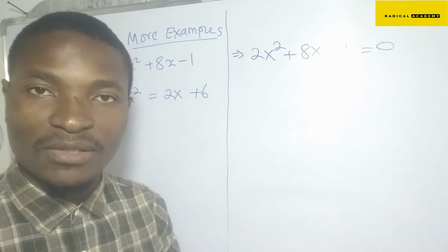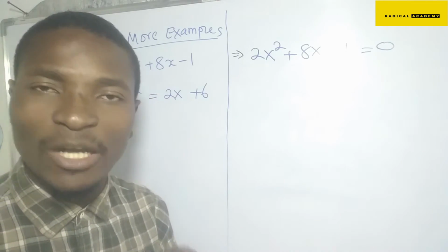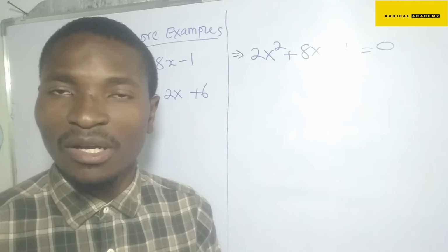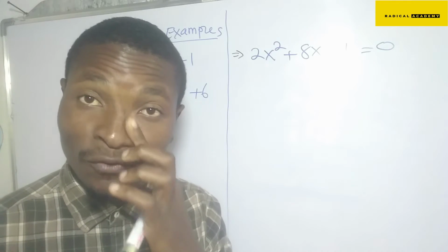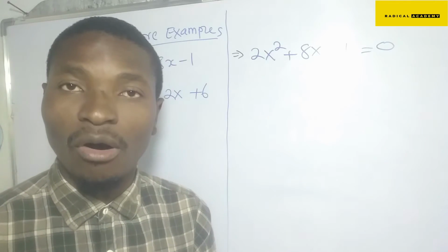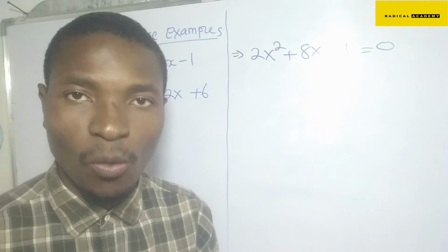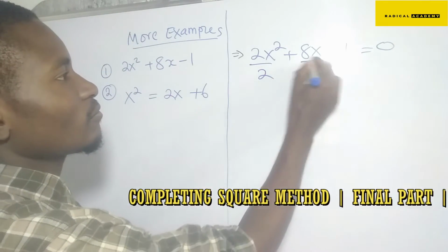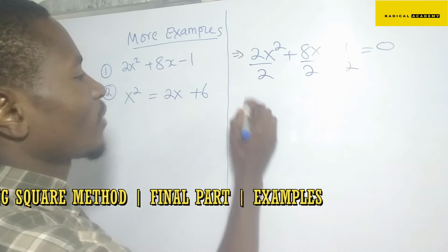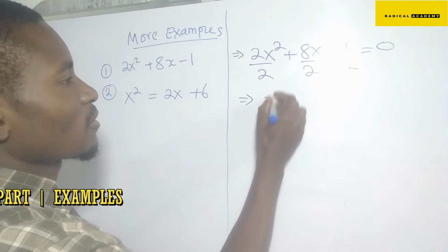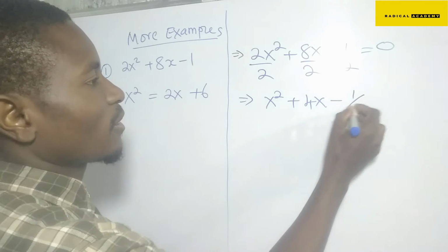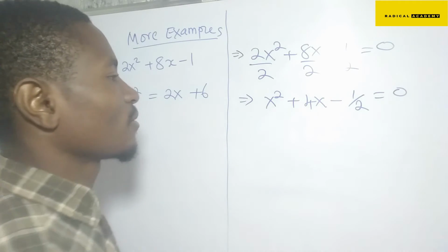So rule number 1 is always, when you are using the completing square method, the coefficient in front of x squared should always be made to be 1. So this is going to be x squared plus 4x minus half equals 0.